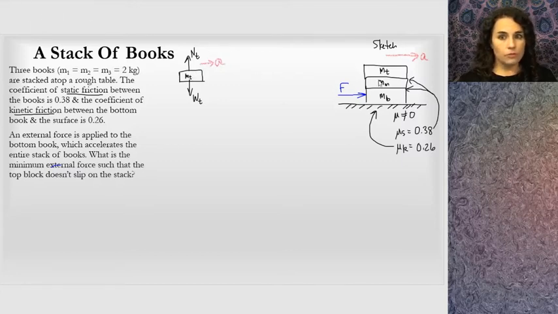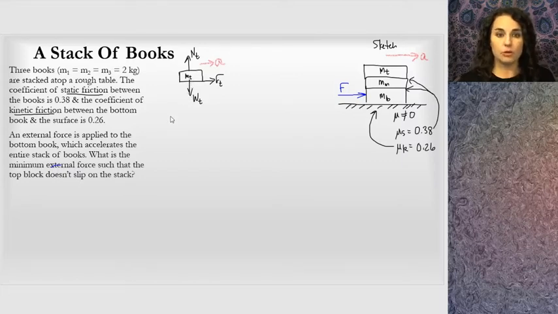And the only other object touching the top block is the middle block, and the middle block and the top block have friction between them. So it must be that the friction force on the top block is causing this acceleration. Again, the friction is causing the acceleration. That's the true fact here.